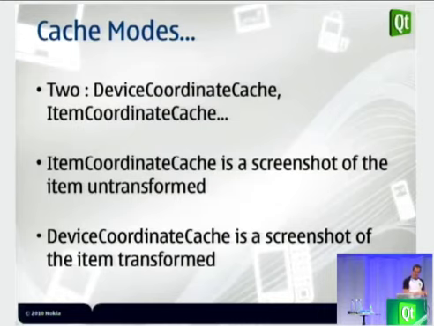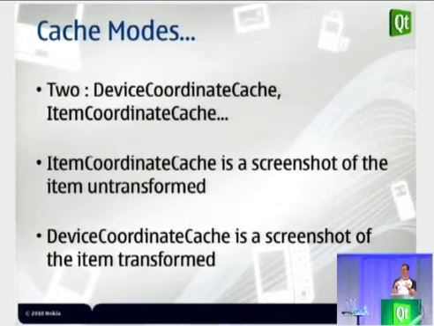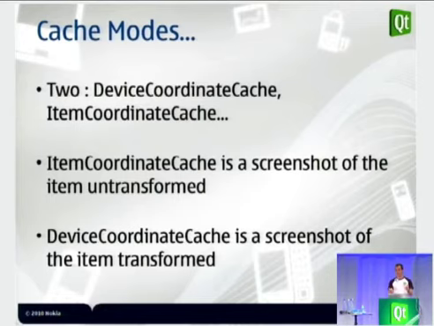So the item coordinate cache is a screenshot, or a picture, of the item untransformed. So if you have a rotation on it, it doesn't work. It will just take the picture of the item untransformed and then rotate the pixmap, for instance. Device coordinate cache, on the other hand, takes a screenshot of the item transformed, right?